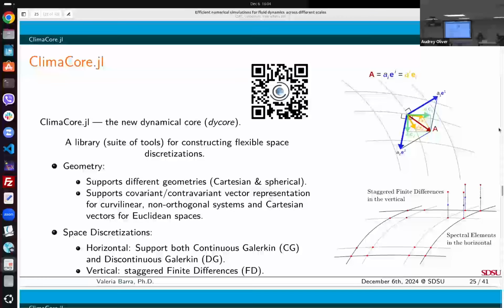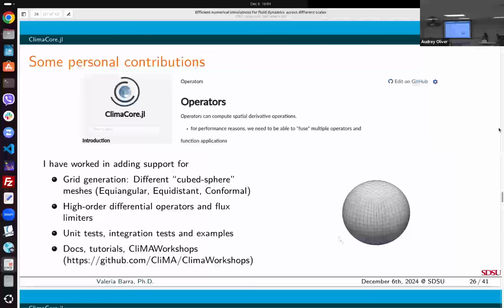This package has support for both continuous and discontinuous Galerkin, and also both spherical and Cartesian grids. Some of my main contributions have been in grid generation, for instance different cube spheres. The cube sphere is the main grid in use in earth sciences.